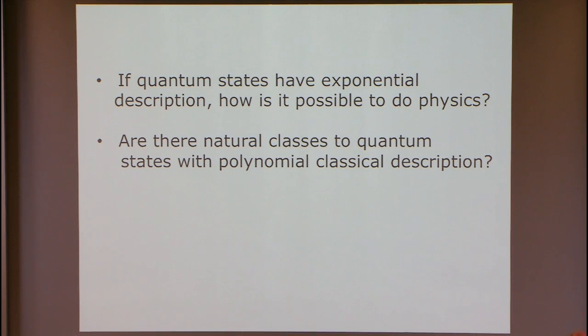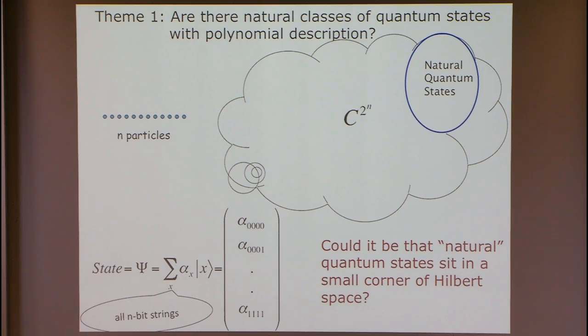Surely that must be the case, because after all, physicists do study quantum systems, and to study them you've got to have a classical description of them. And so that's the first theme. So are there natural classes of quantum states which can be described very succinctly and worked with, which we as classical beings can actually work with?